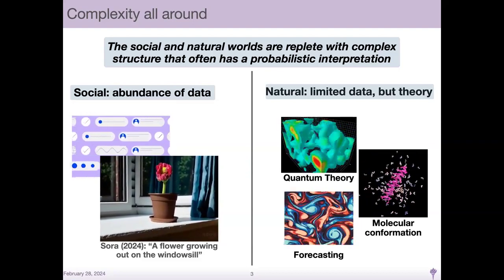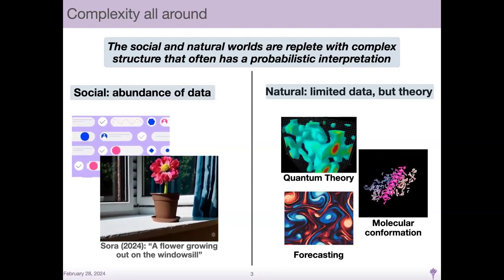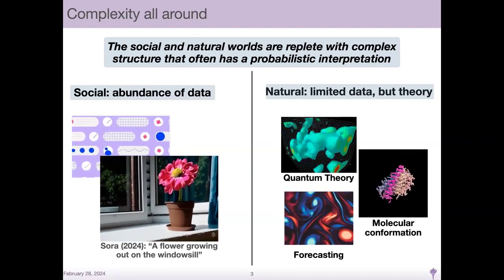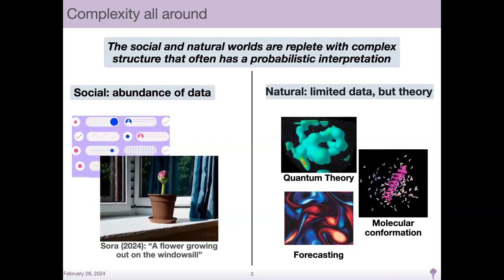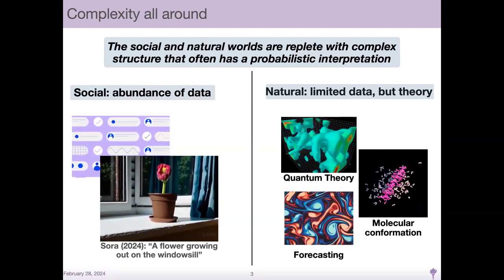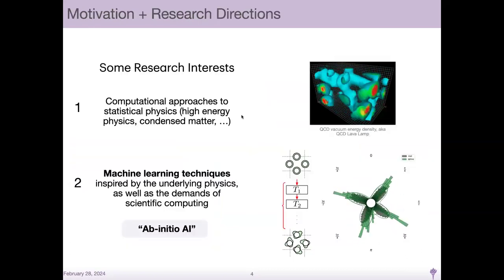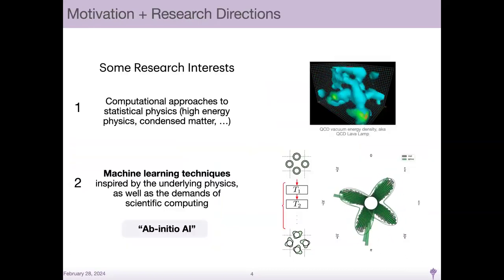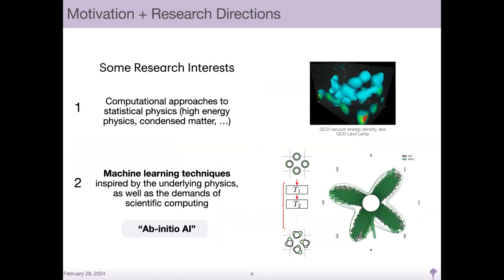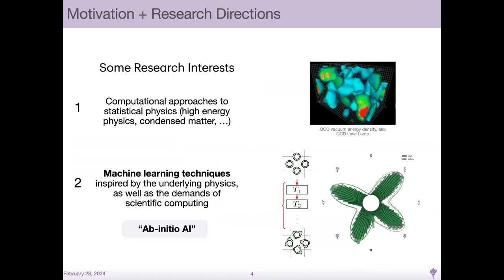And here, often we don't really have much data, but we do have theory that we'd like to use to try to inform how we think about solving these types of problems under a probabilistic interpretation. Okay. And so that's just to frame where we're at. My research interests that are motivating me to ask this is that I'm interested in computational problems in statistical physics. Okay, this could be things in high energy physics, advanced matter, in chemistry.